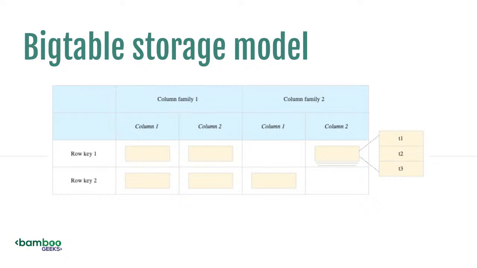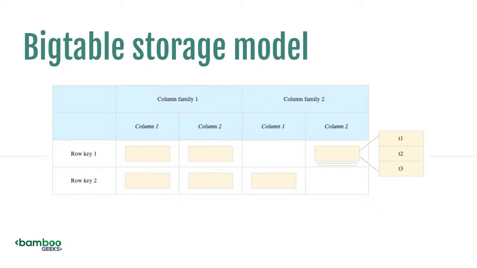That's what we call a column-based or wide column-based model. As you can see here, it may look to you like a normal SQL relational database, but actually it's not. Basically, we have rows and columns here, which is very normal for SQL and relational databases.